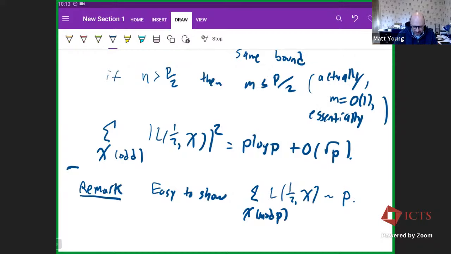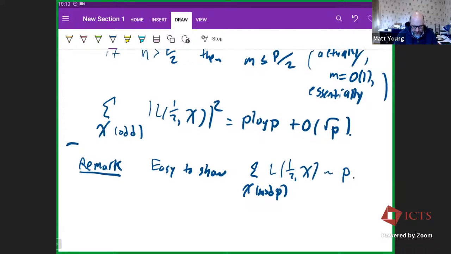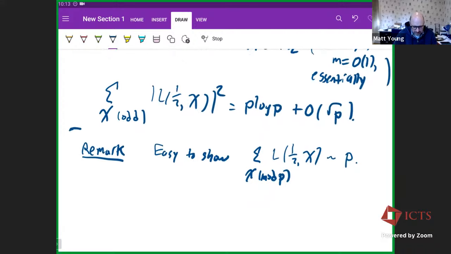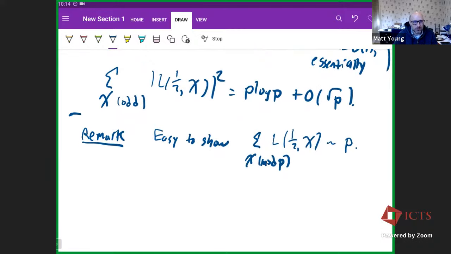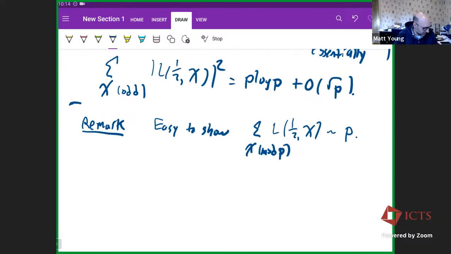Absolute values would make this hard, but you can do the same thing for the L function itself. I'll leave that as an exercise for you if you want to test this. Just plug in the approximate functional equation, and the dust will settle, and you don't have to work very hard.